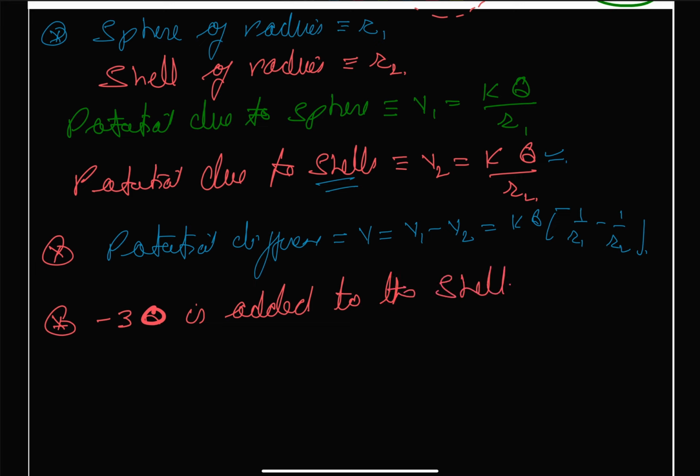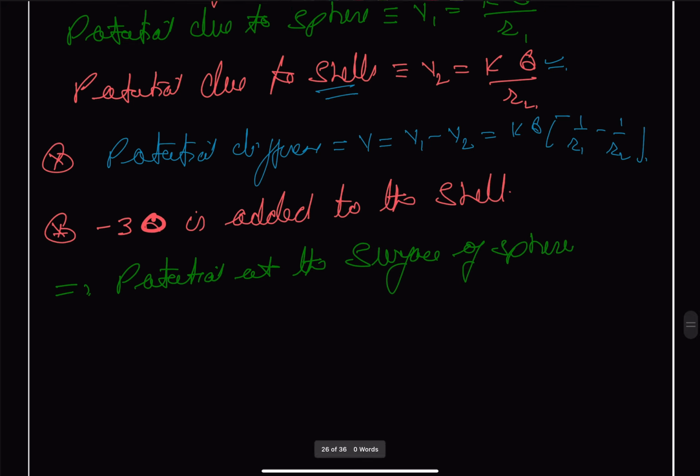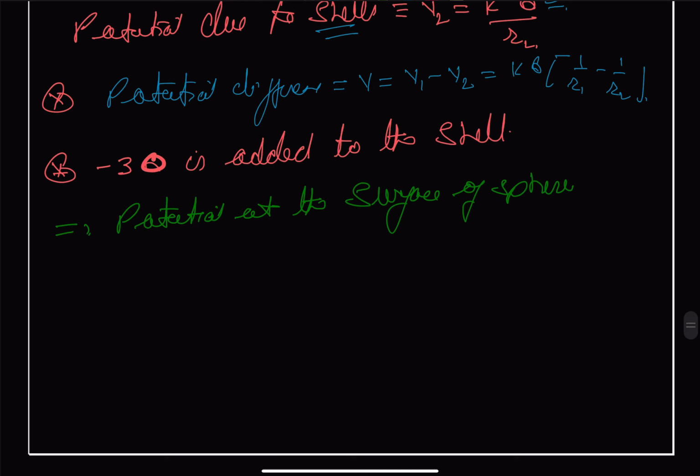So because of that, we can say the potential at the surface of the sphere, let us call that V1 prime.